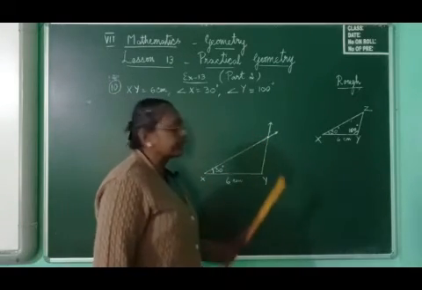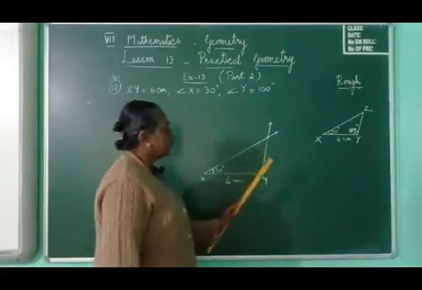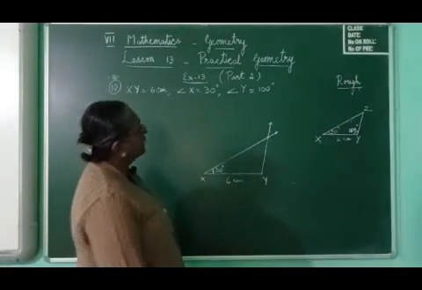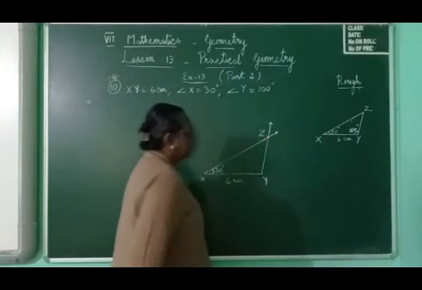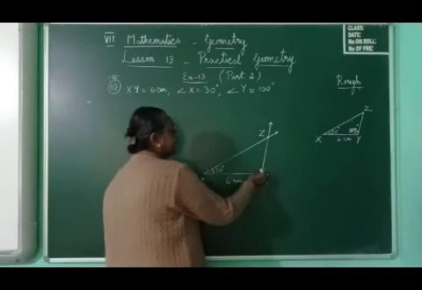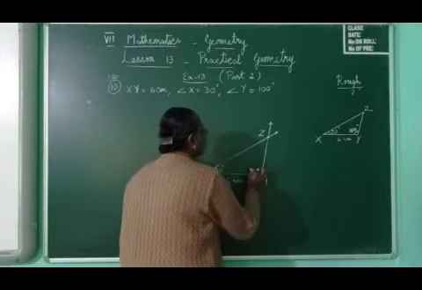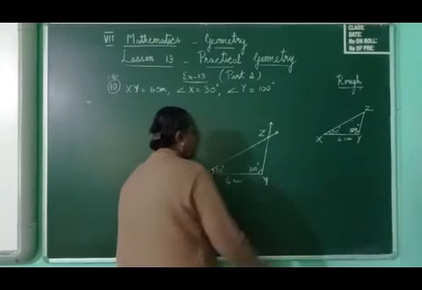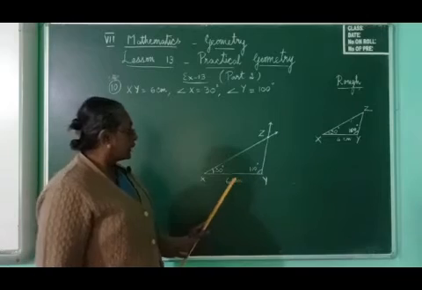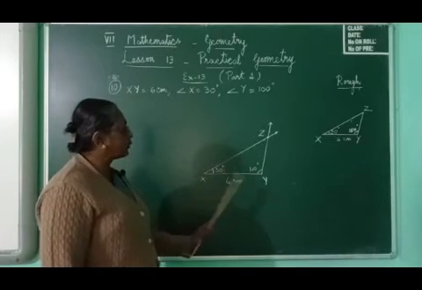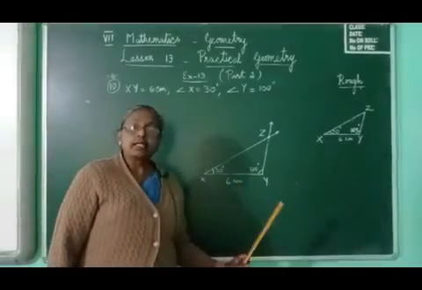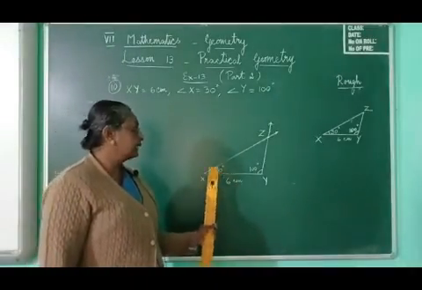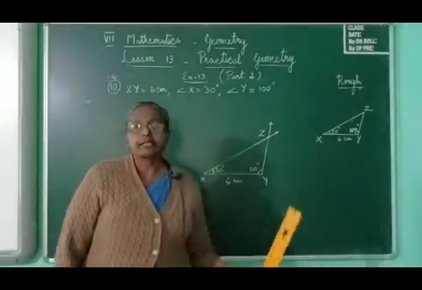The line from X and the line from Y, they are intersecting at a point, and that point will be the vertex Z. So we have got vertex Z and we have got the angle at Y to be 100 degrees. So we have drawn triangle XYZ as required, with given the base as 6 centimeters and the base angles 30 degrees and 100 degrees.